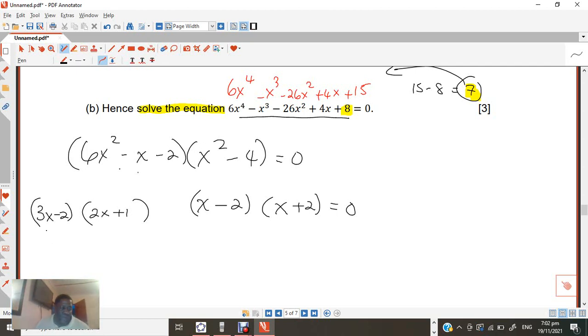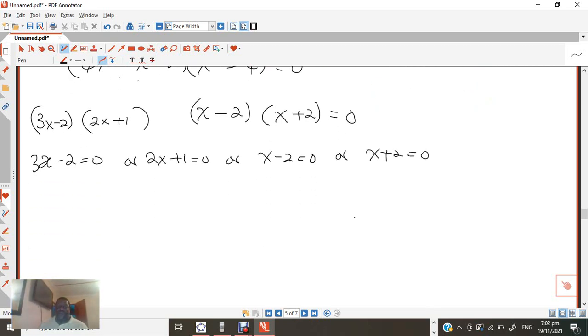So let each of the brackets equal 0. You're going to say 3x minus 2 equals 0, or 2x plus 1 equals 0, or x minus 2 equals 0, or x plus 2 equals 0. Then you solve all of them in order to solve the equation.